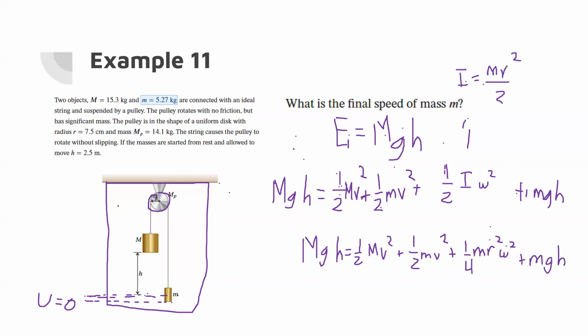Again, I can rewrite this r squared omega squared as v squared, because that will be the tangential speed of the edge of this disk here, which is going to be the same speed as everything at the end. And then solving for v squared, I get capital M minus little m times gh, all of that divided by 1/2 capital M plus 1/2 lowercase m plus 1/4 mass of the pulley.